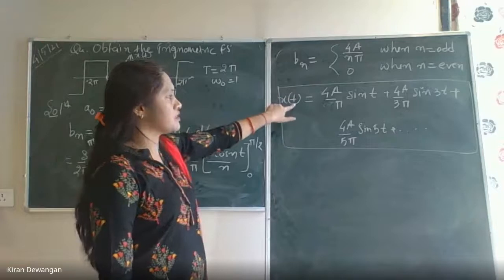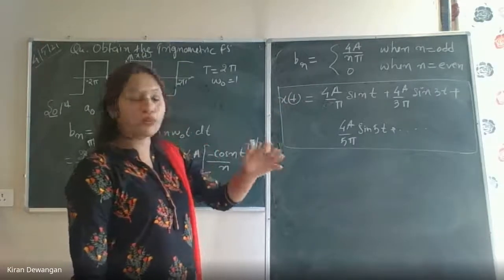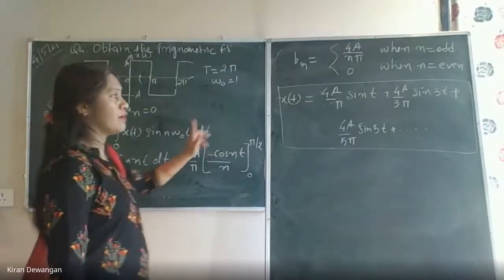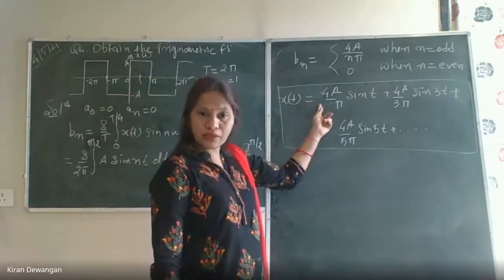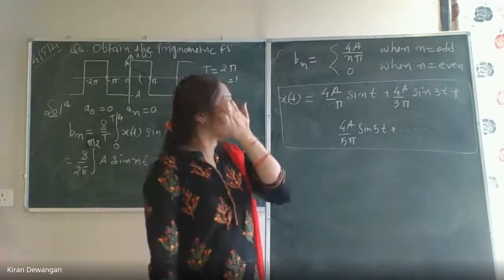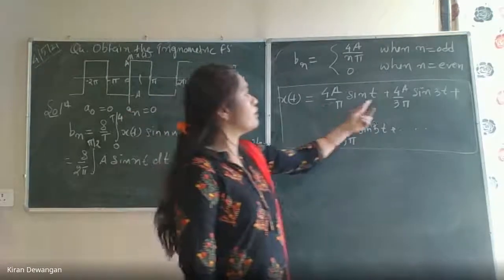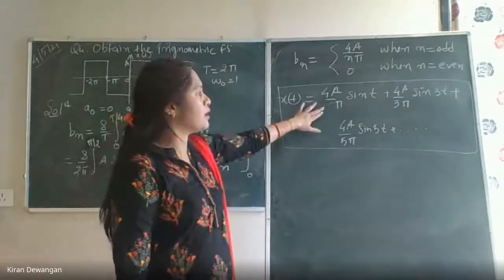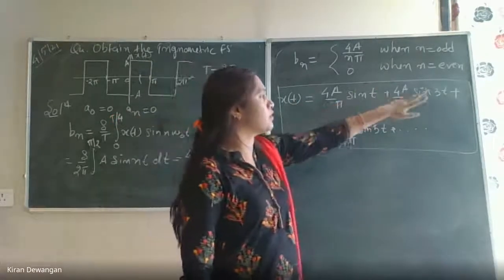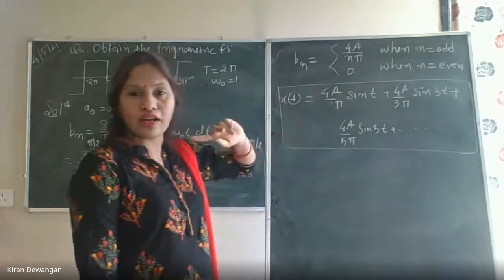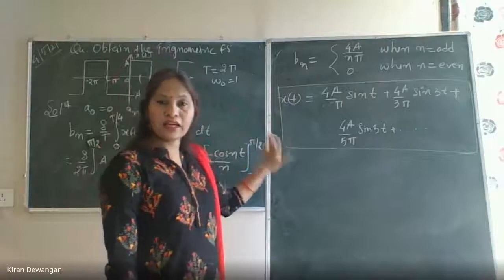In the Fourier series of x(t), a naught is 0, we don't have to worry about it, and an is also 0. We'll have to just take the summation for n from 1 to infinity of bn sin n omega naught t, and omega naught is 1, we know. For odd values of n, we'll be getting the values. So 4A by pi sin t, 4A by 3 pi sin 3t, plus 4A by 5 pi sin 5t, and it will continue for all the odd values of n. Is this thing clear now, everyone?